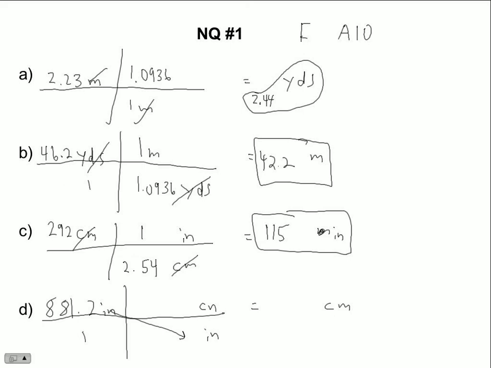We're going to flip this card around this time, and we are going to say that in every 1 inch we have 2.54 centimeters. Up top times 881.2 times 2.54, that's going to give us an answer of 2,238 centimeters.